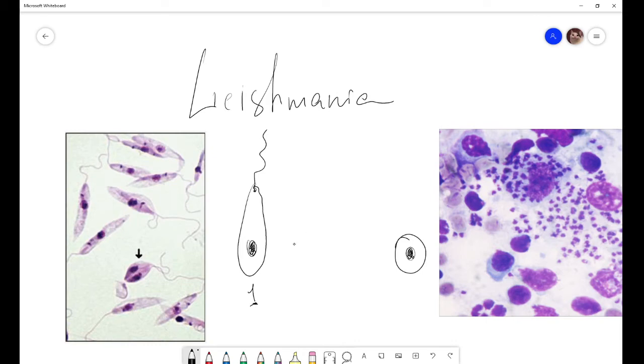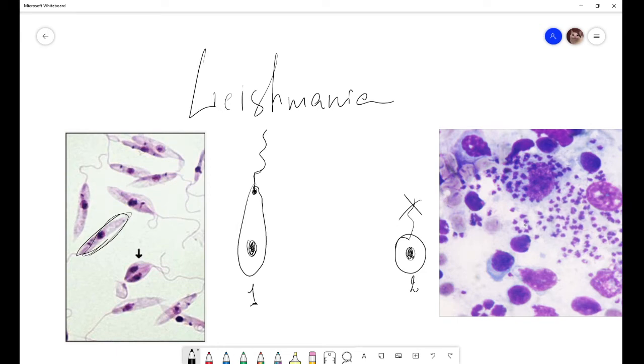How can we find this form? This form has a flagella, and the form of the body is like a stick. And the second life form is amastigota. Amastigota has a circle form, and this form hasn't a flagella.